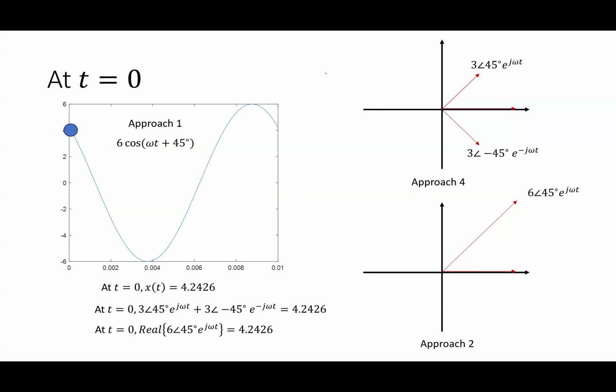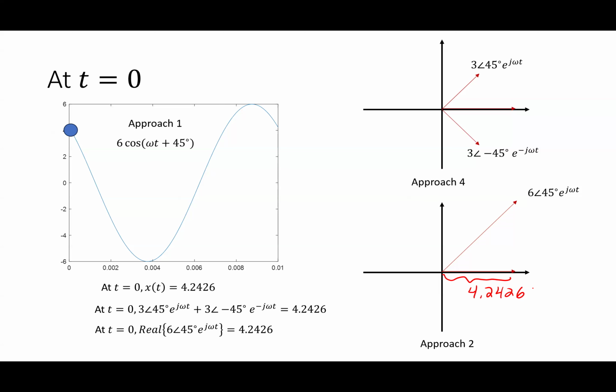I plugged in t equal to 0 with that frequency, and I got 4.2426. If I plug into approach number 2 at t equal to 0, the real part of that vector is also 4.2426. In other words, this length right here is 4.2426.